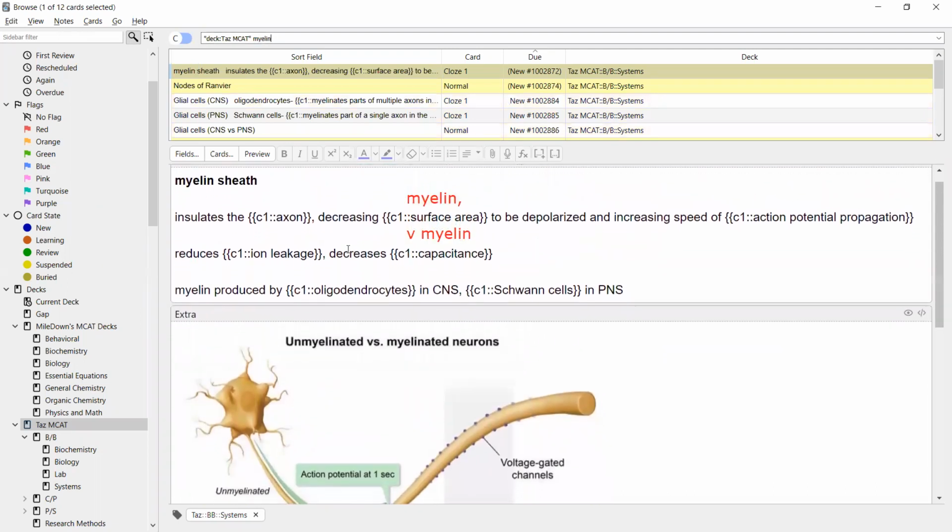Okay, it insulates the axon, decreases surface area, and increases speed of action potential propagation. Okay, so let's write that in.